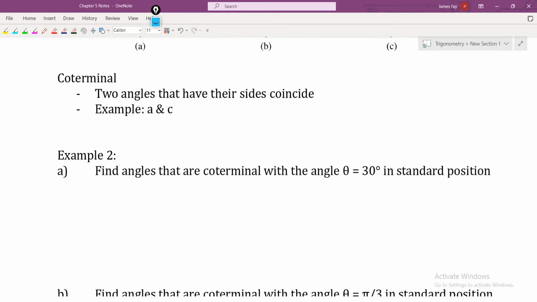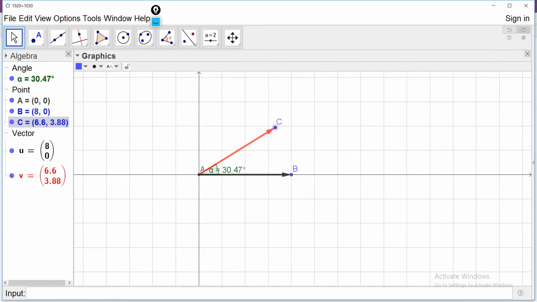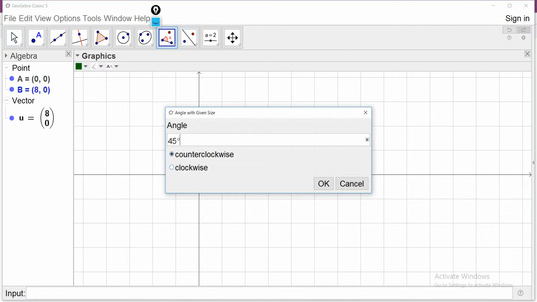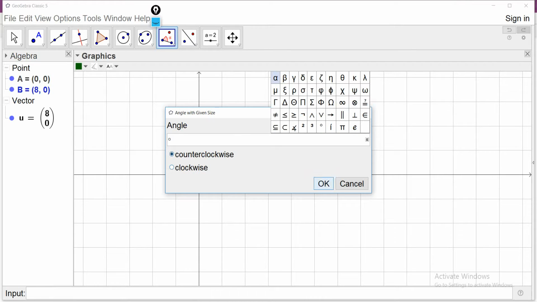If I give you, let's go to the GeoGebra here. I think I can set this up quickly enough to get a 30 degree angle. So I want an angle with a given size, select leg point, vertex. Okay, and we'll go with alpha, and let me put alpha in there.